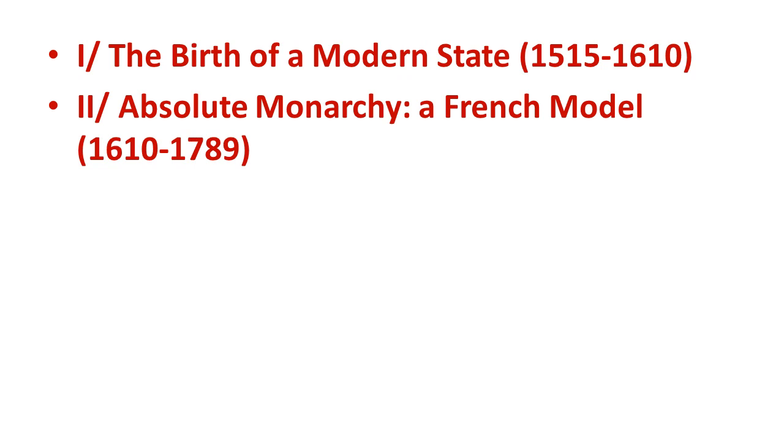And the chronology would be rather long because it will start with the assassination of Henry IV in 1610 and last until the French Revolution of 1789, even though my approach in this second part will mostly be about some important issues and not really a chronology.